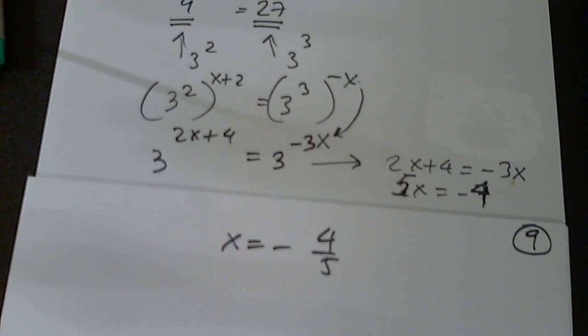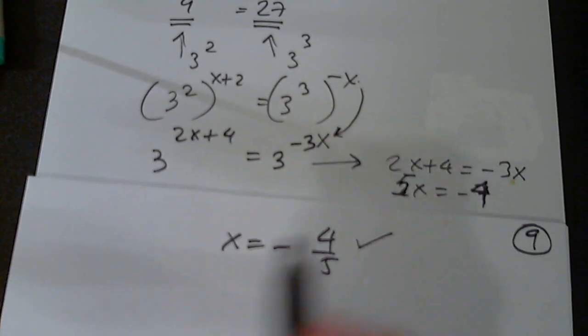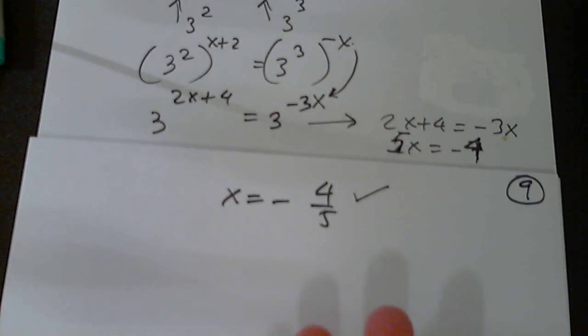So the left-hand side, 9 to negative 4/5 plus 2, equals indeed 27 to the power 4/5. They are identical. So now I know this is it. Especially in a test situation, I would definitely check. Good problem.